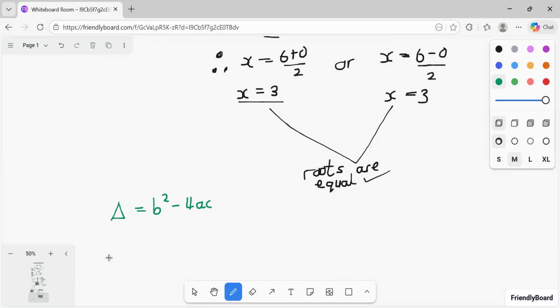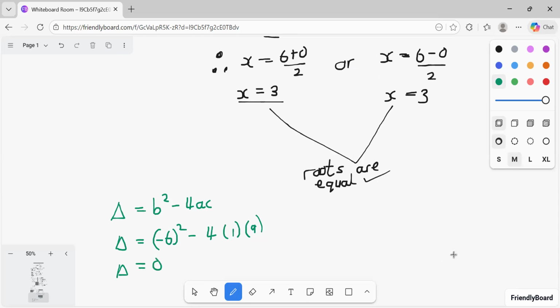So if you input, delta is equal to -6 squared minus 4 times 1 times 9. Okay, which then becomes 0. All right, so delta is 0.